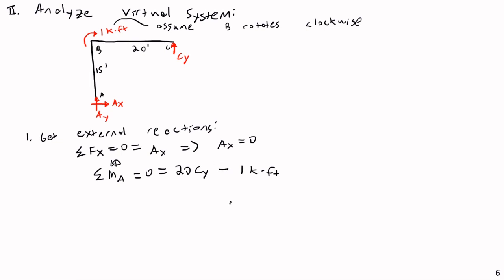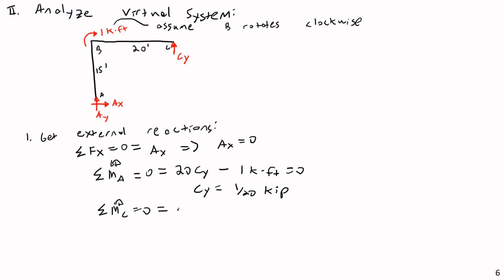That should be minus 1 kip foot. That is in the negative direction. All that equals 0. And Cy then will equal 1/20th of a kip foot. Or sorry, actually of a kip. 1/20th kip.